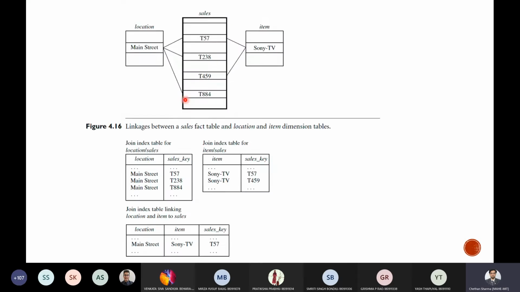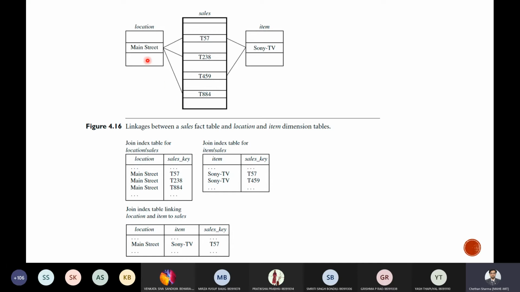Okay. So this particular example shows a join index relationship between a sales fact table, which contains location and item, and the dimension tables. The example is taken from the star schema, which we studied in the last class. The same example and values are taken here to explain the join index part.